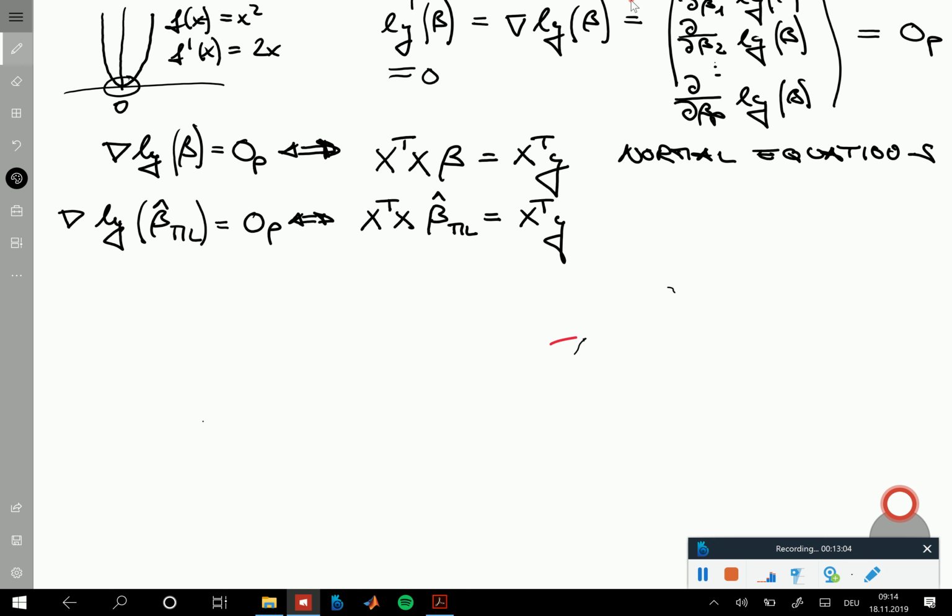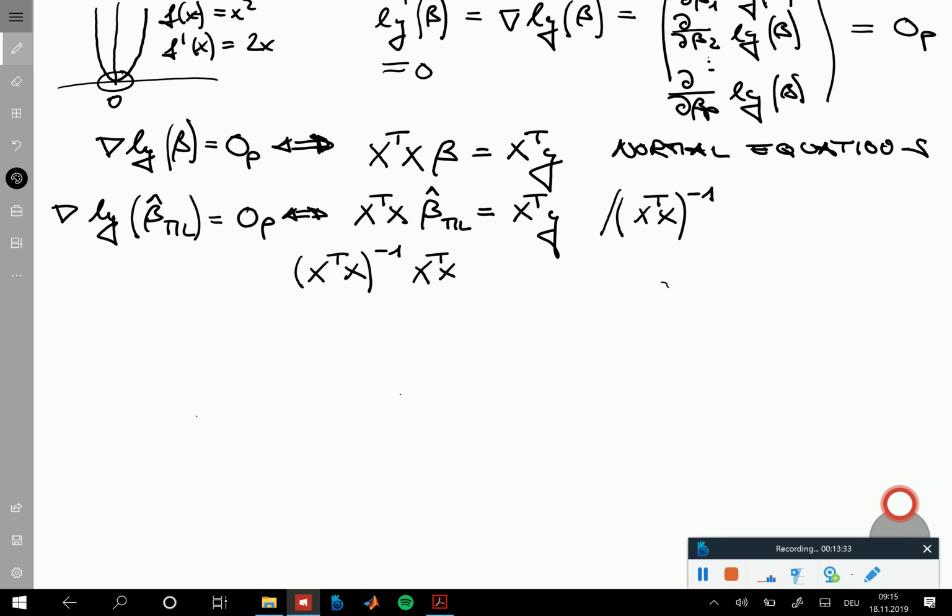And then one can, just by multiplying both sides with the inverse of this matrix, which is a p times n times an n times p dimensional matrix, so a p times p dimensional matrix, and if X is a good matrix, then one can compute the inverse of this matrix, and then one gets this.